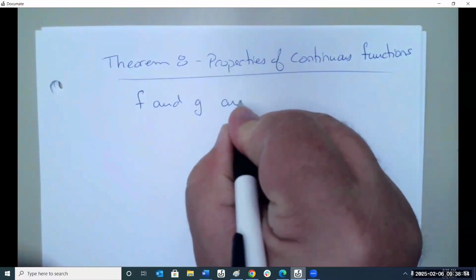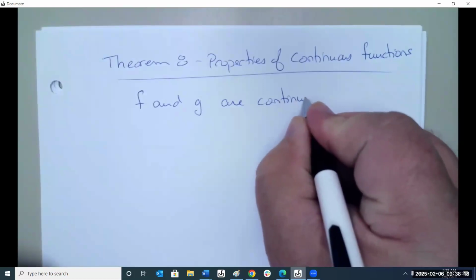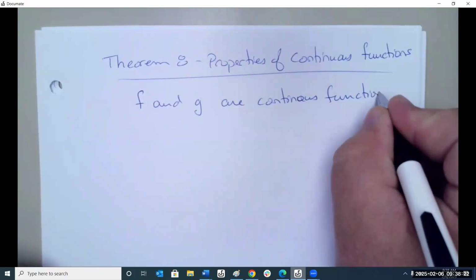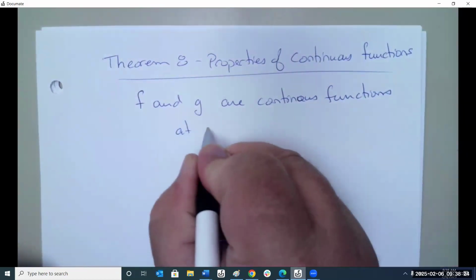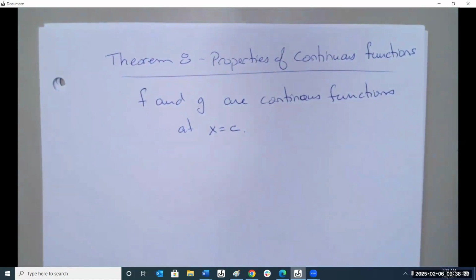F and G are continuous functions at x equals c, which means it's defined, and the limits approaching c give you the same value.